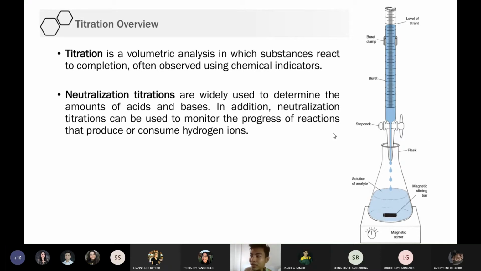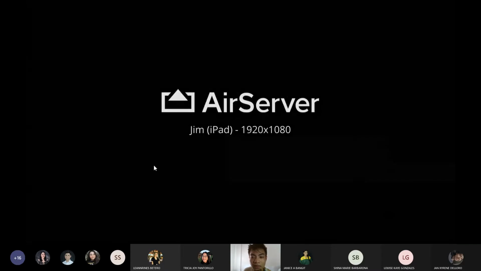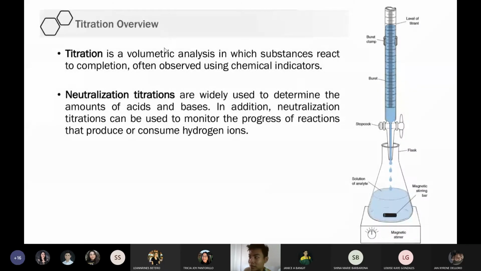Okay? Okay, so basically, titration is a volumetric analysis which makes use of the two liquids reacting to one another to completion. And once the reaction is complete, may corresponding color change with the help of chemical indicators. Okay? So in our discussion sa chapter na to, marami kasing forms of titration.